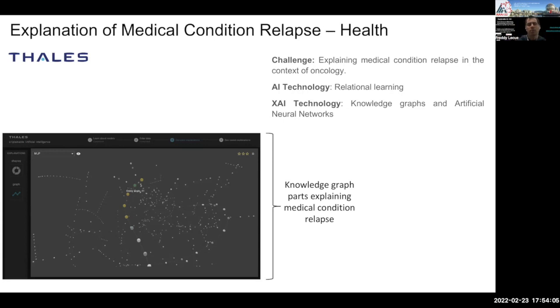And here it's a link prediction task. So you predict a node of a person to be linked to a class, a particular disease.